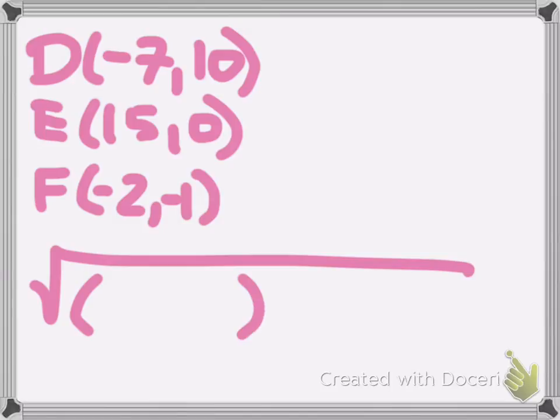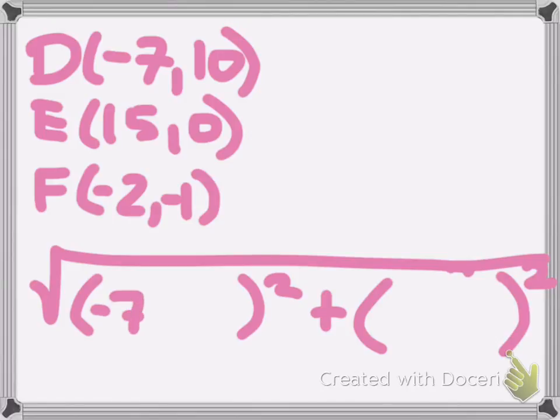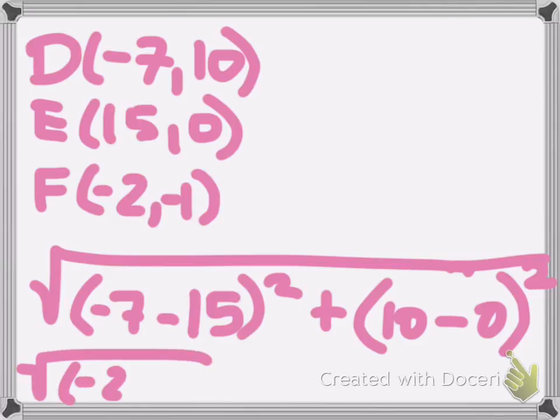So I subtract my x's, square them, subtract my y's, square them, and then I add them together and take the square root. So my x's, it doesn't matter what you start with here. I have negative 7 minus 15 and 10 minus 0. So I get negative 22 squared plus 10 squared.